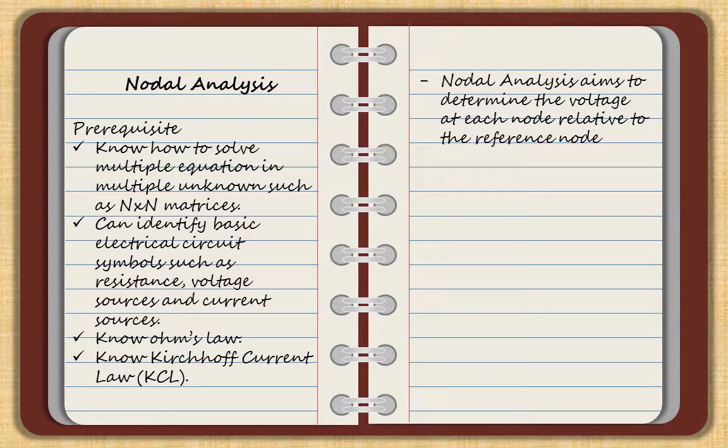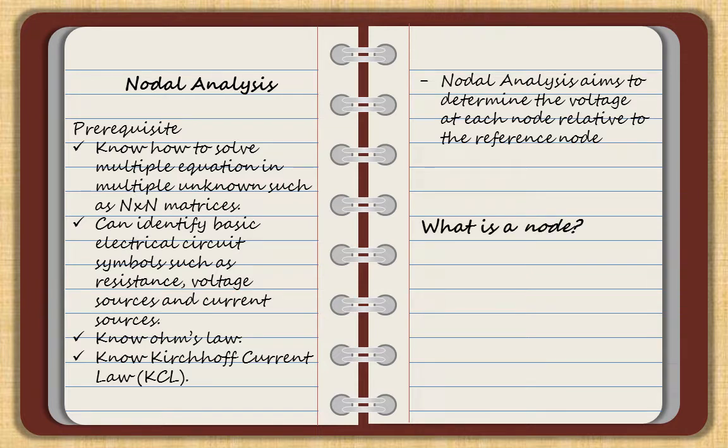That's why all books on electrical circuit analysis talk about nodal analysis, and most electrical engineering instructors love nodal analysis because it can be applied to any type of circuit analysis.